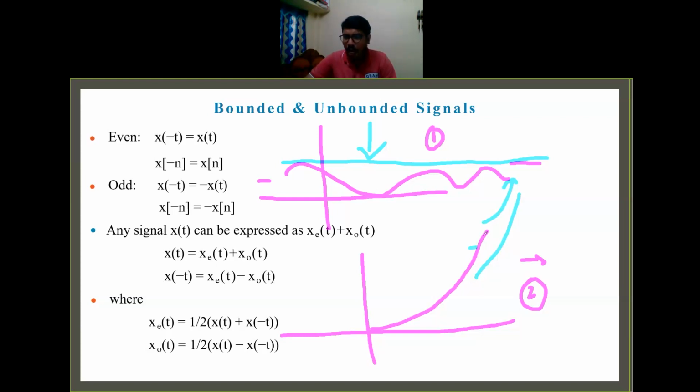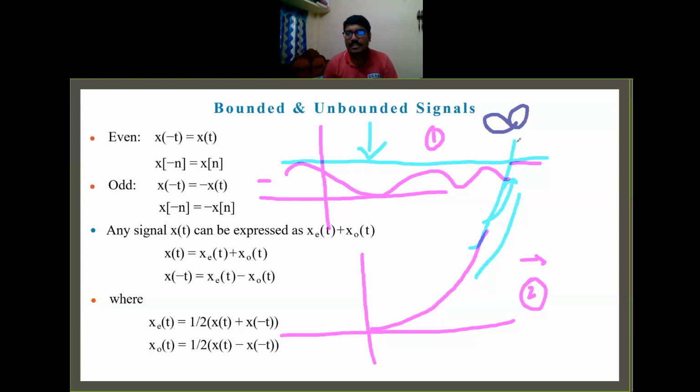They keep on increasing up to infinity. So if the height or amplitude extends to an infinity level, such types of signals are usually called unbounded signals.